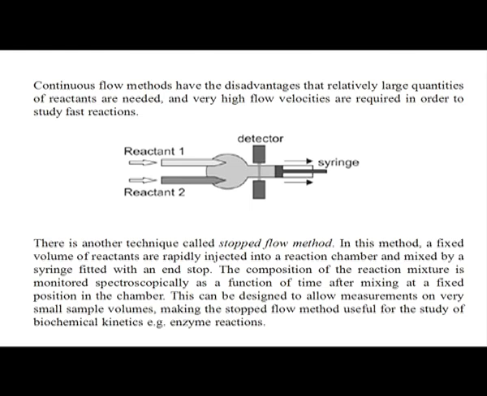So, that is why another modified version of this flow method has been devised, which is called the stopped flow method. In this method, a fixed volume of reactants are rapidly injected into a reaction chamber, and it is mixed by a syringe fitted with an end stop.